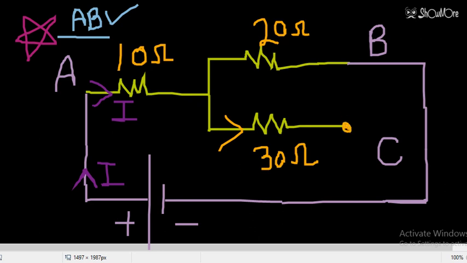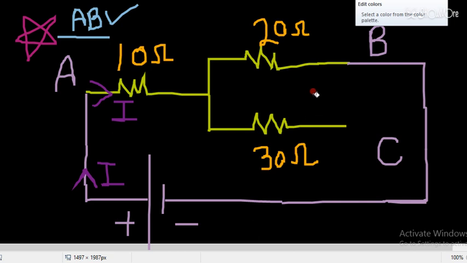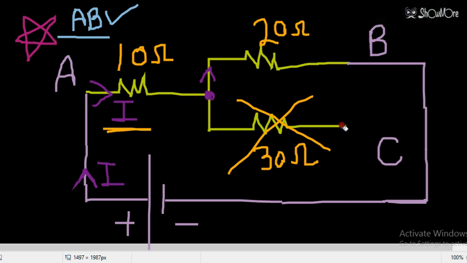So whenever there is an open circuit, no current will flow in that portion. That means if current I is coming from this end, then the same current I will flow from this end. Current will not be divided here, because this is open circuit. No current will flow on the side of open circuit. Circuit should be closed for the flow of current. So current I will flow here.